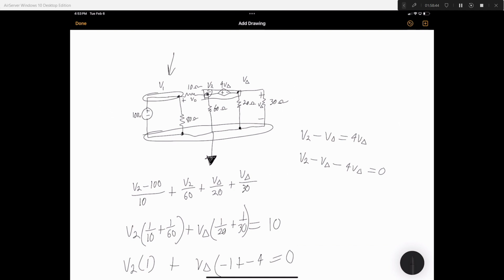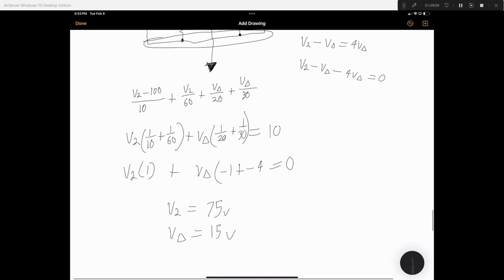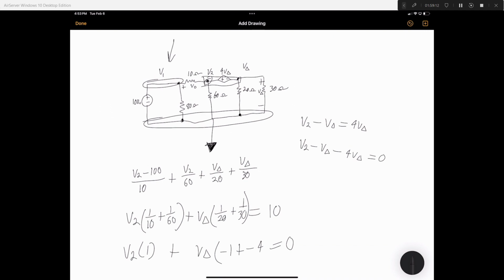So we need to find the current over there. We know that the voltage drop from V2 to V1, V2 being 75 minus 100, divided by 10 gives us a current of negative 2.5 this way.